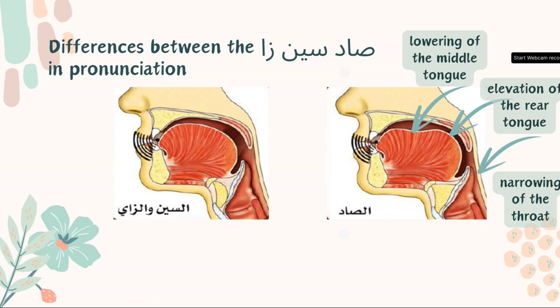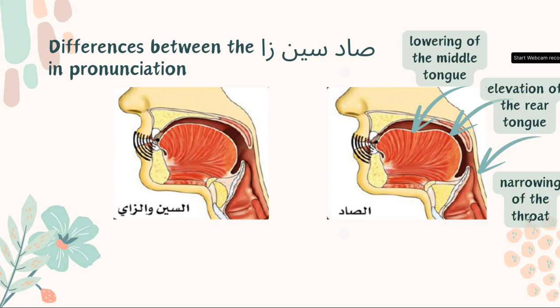So let us see how the mouth or the tongue looks when we are pronouncing the letter Sad. Okay, we say al-sa. Okay, that's the difference between the Sad and the Sin, for example.